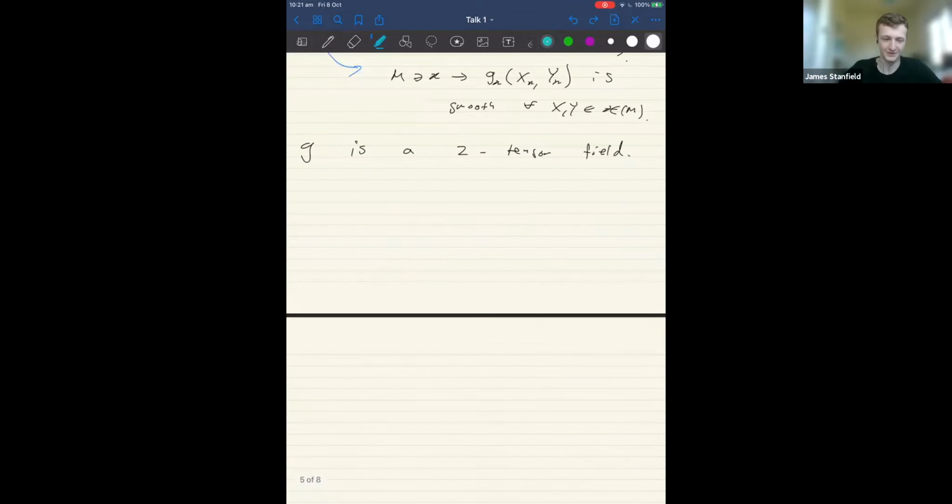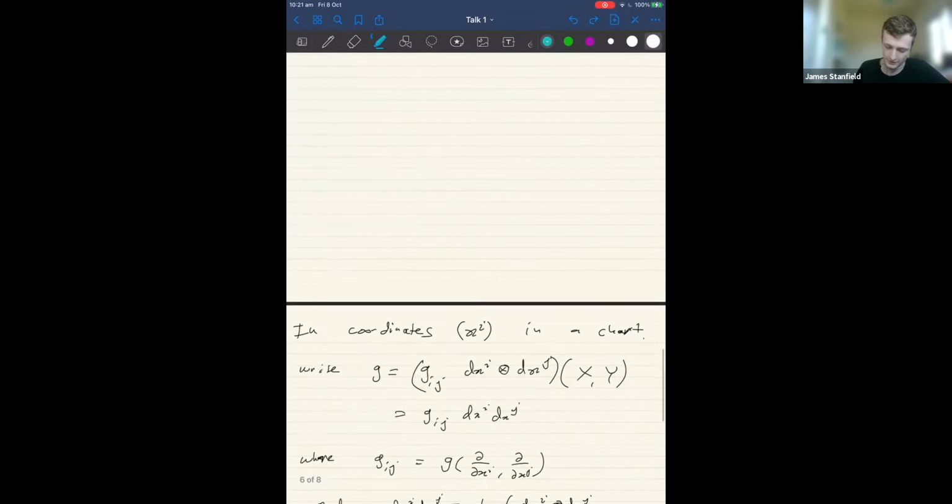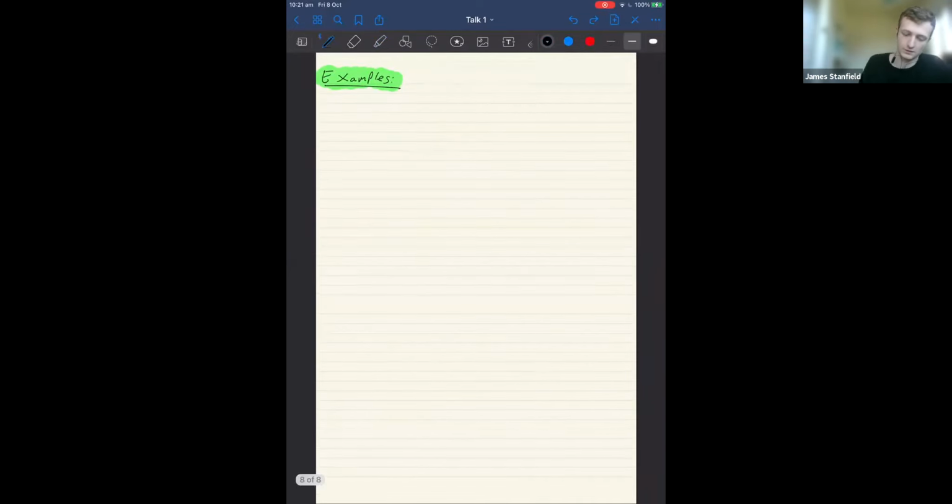All right. So maybe we should do some examples of Riemannian metrics. The first, most obvious example is just Rn. In this case, the tangent space can be canonically identified with Rn itself. And we'll just take the metric to be what I'll call the Euclidean metric, which is literally the standard inner product on Rn. So what does that mean?